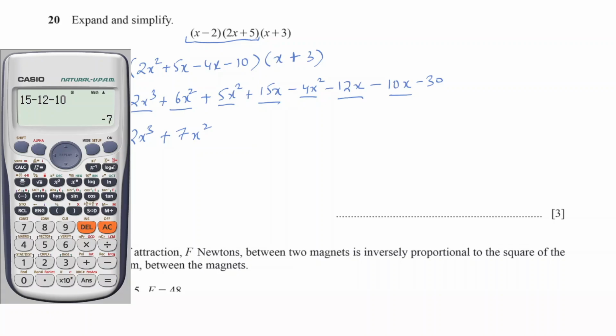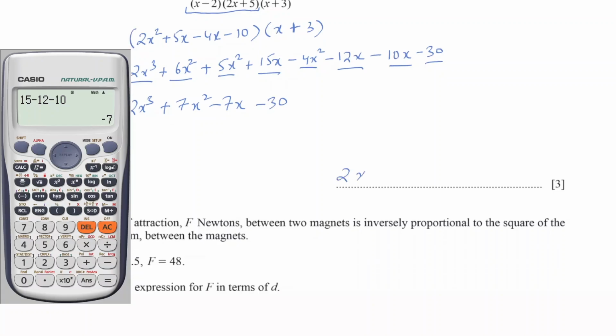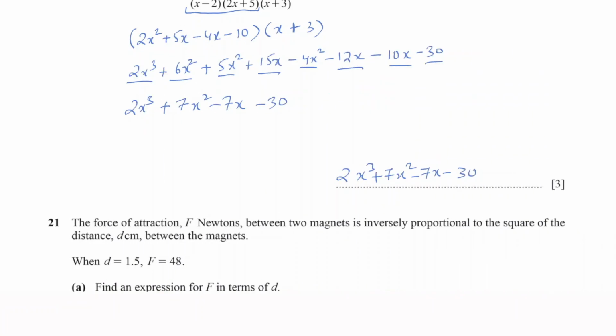So the term is minus 7x. Then we are left with only minus 30. So that's all done, and this will be the final answer: 2x cube plus 7x square minus 7x minus 30. Okay, so let's move on.